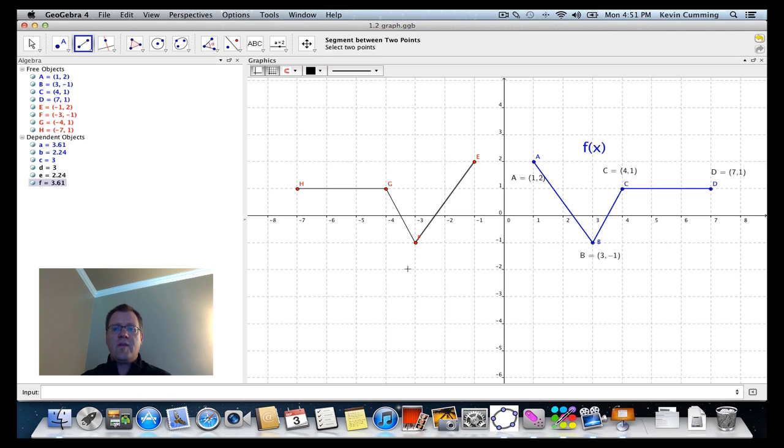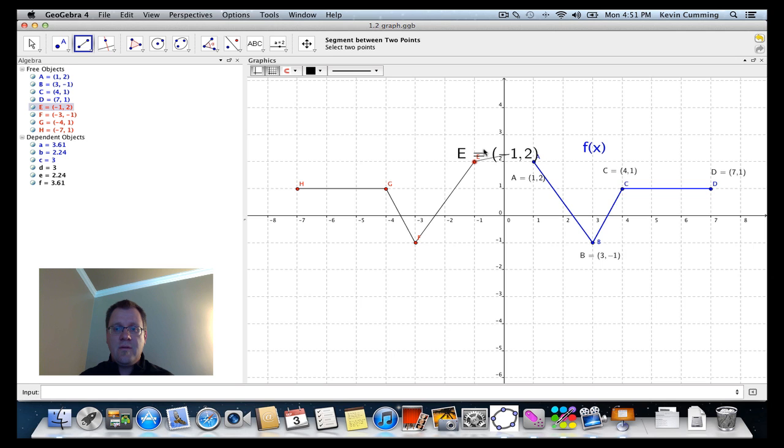Now, what is really important for us is we want to see how this function has changed. Visually, we can see that it's been reflected, because that's what we're doing, reflecting in the y-axis. But what we really want to know is the points. So I should be able to grab these points, but I cannot for some reason. Oh, there we go.